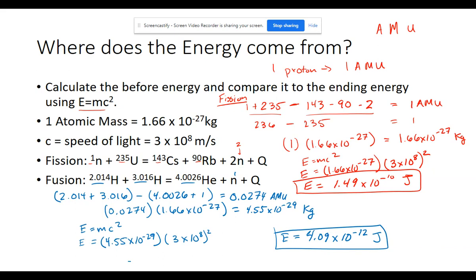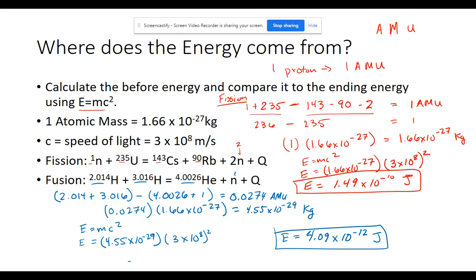So you'll also note that it's less than fission. In general, fusion releases more energy than fission does, and part of it is based on the mass. Look at how much mass we started with here, which is roughly 5 atomic mass units, versus the fission, which started with like 235.